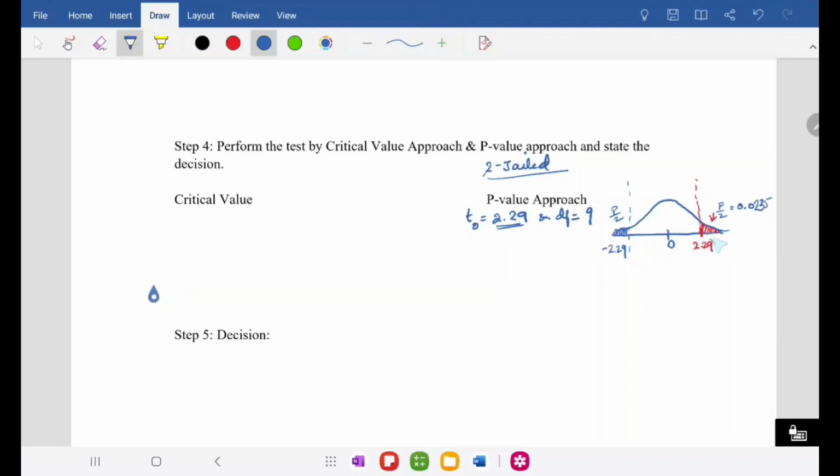That's the area to the right of 2.29, which is our test statistic.